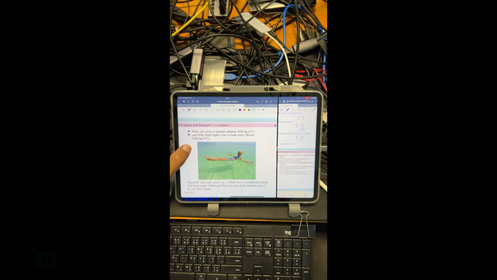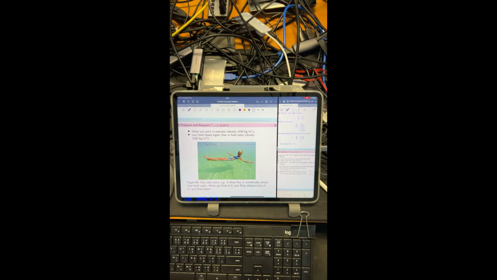It's like this. In very salty water, for example, in the Dead Sea, an area between Israel and Jordan, if I can remember properly, there is a sea which is called the Dead Sea.